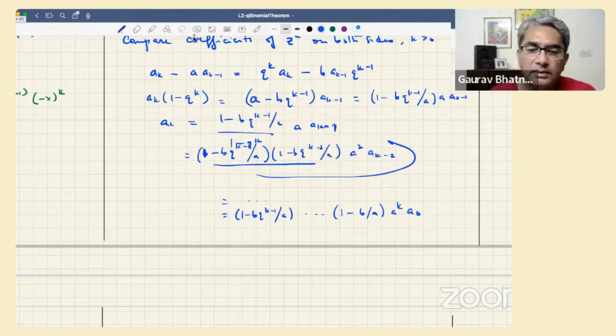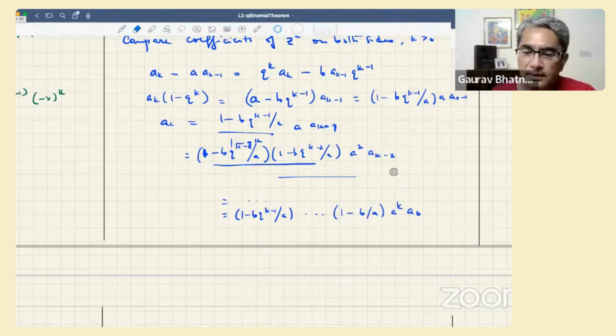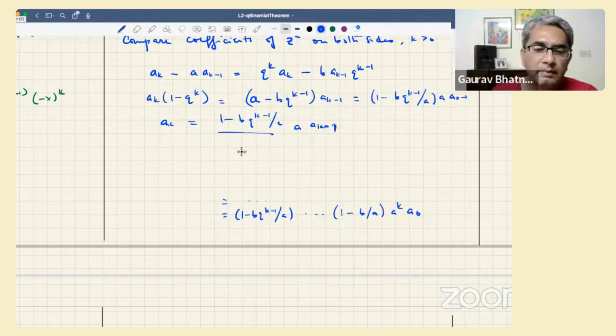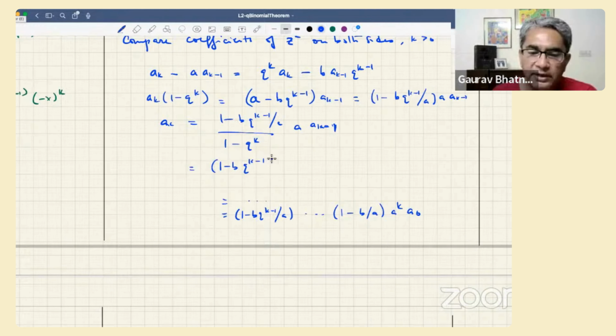Let's rewrite it. So if I iterate it, I'll get bq to the k minus 2 over a, squared.